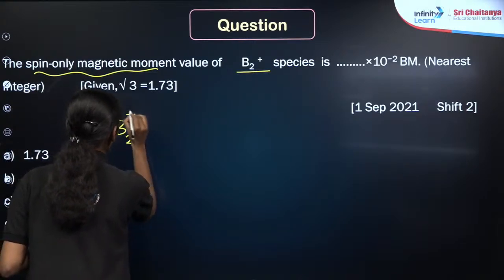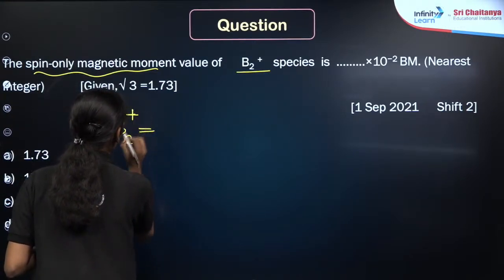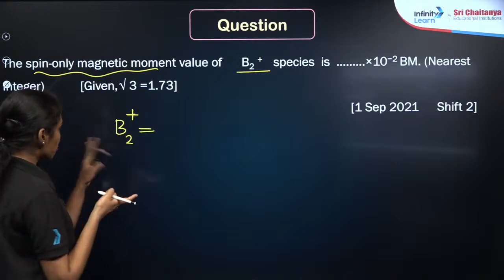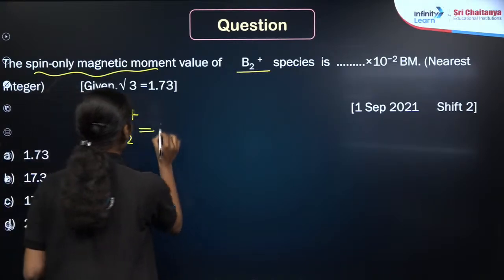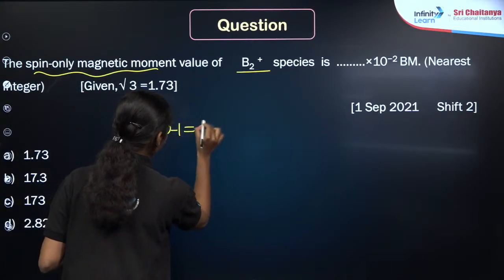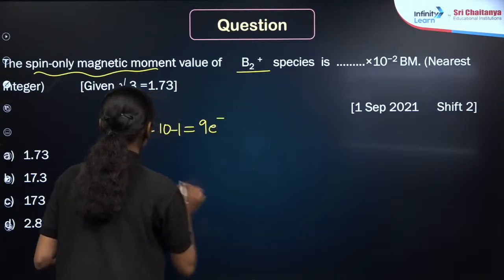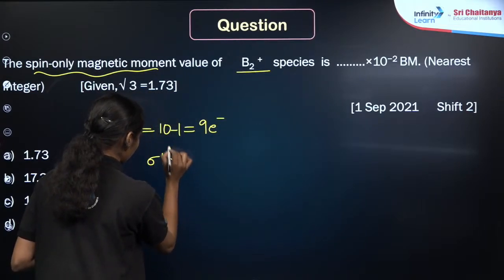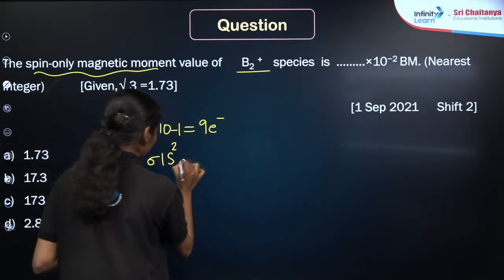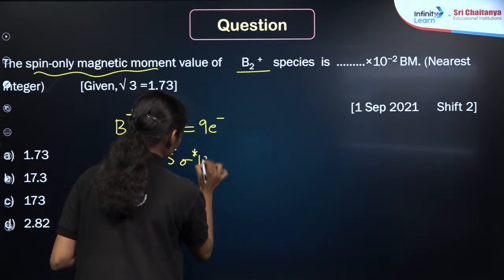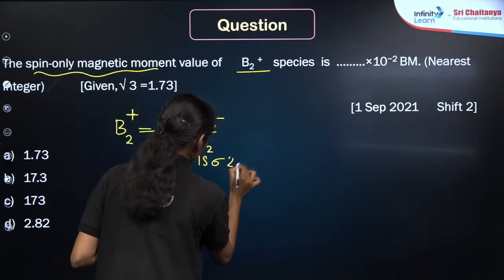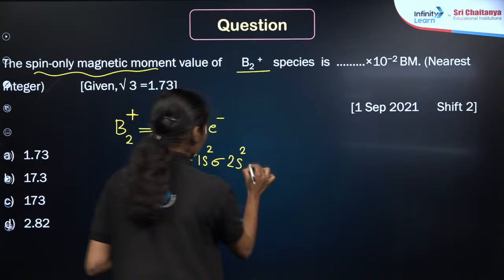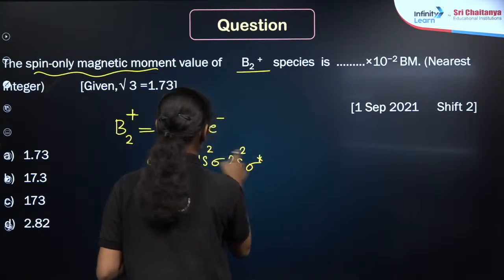B2 plus, right? How many electrons are there? For B2 plus, 1 boron is 5, 2 borons 10, right? 10 minus 1, that is equal to 9 electrons. Write down the electronic configuration. Sigma 1s2, sigma star 1s2, sigma 2s2, sigma star 2s2.